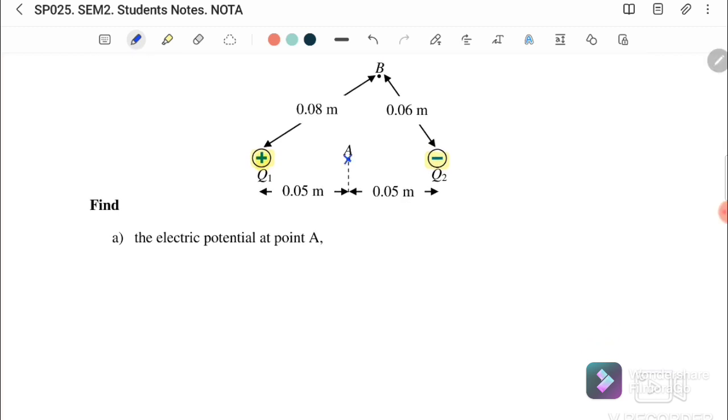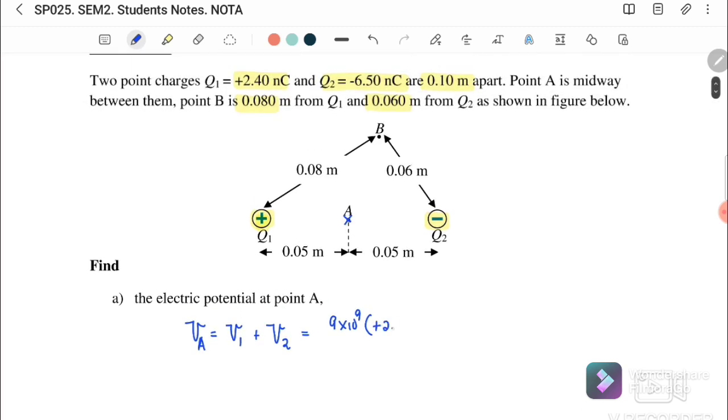Point A is influenced by two point charges, one from Q1 and another from Q2. So we substitute 9 × 10^9, Q1 is positive 2.4 nano, and the distance is 0.05, plus V2, which is 9 × 10^9.